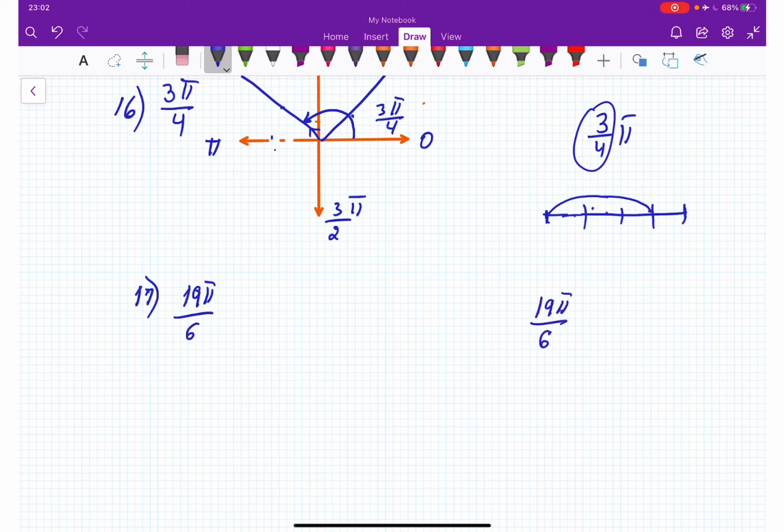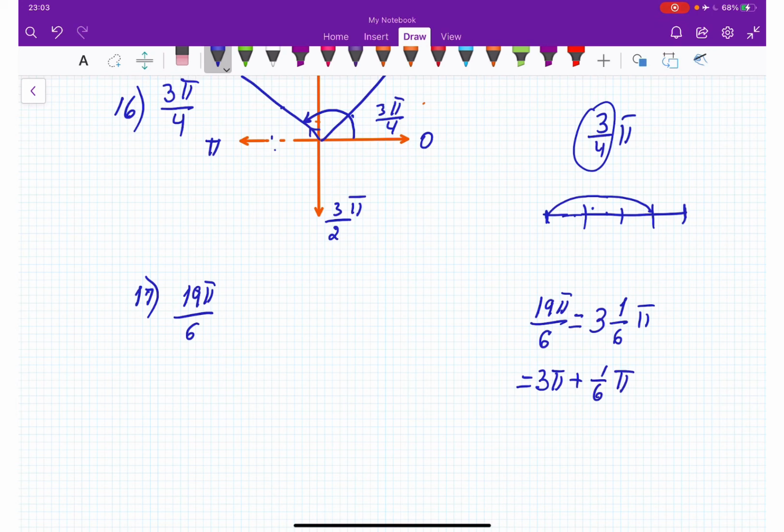So I'm going to convert 19 over 6. It's going to be 3 times. 3 times 6 is 18. Remainder 1 and 6. Whoever doesn't remember how to convert into a mixed fraction, look into my basic math playlist and you will definitely find the conversion. Okay, I'm going to write down 3 pi plus 1 over 6 pi.